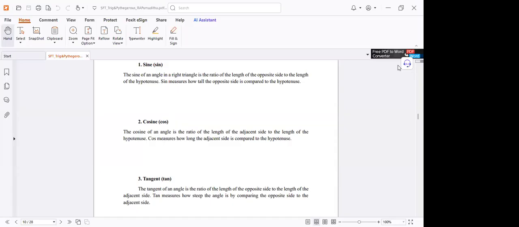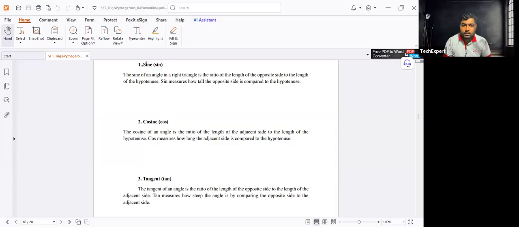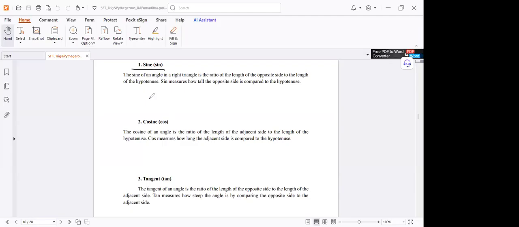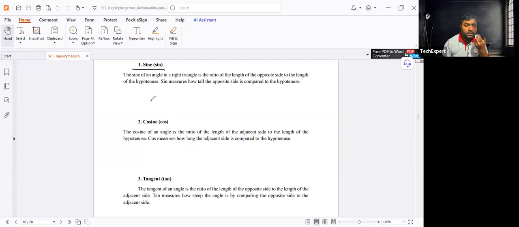Yes, sir. Okay. First one is sine, S-I-N-E, within bracket S-I-N. Actually, the meaning of this is that trigonometric ratio means we are talking about a length related to another length of a triangle.